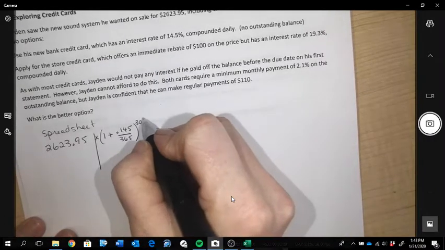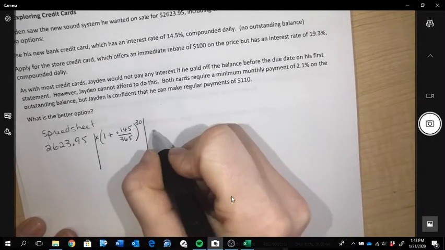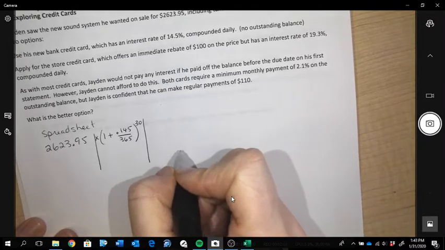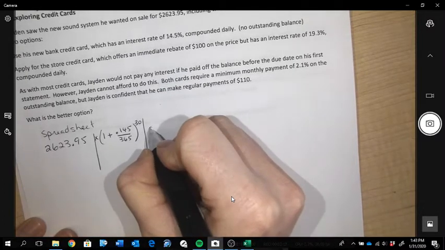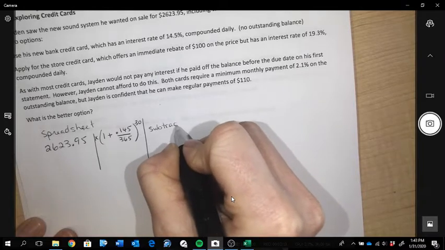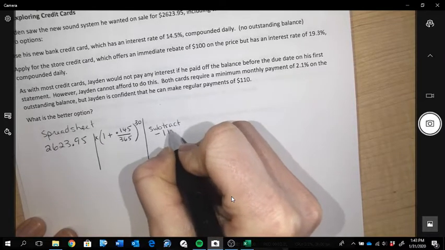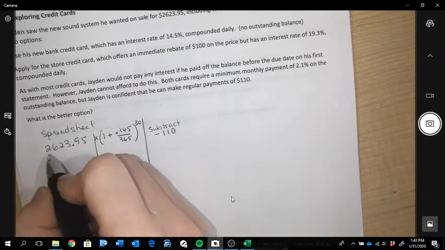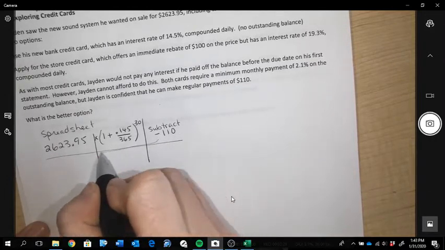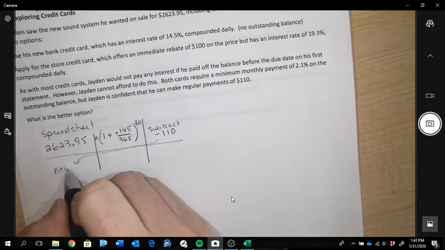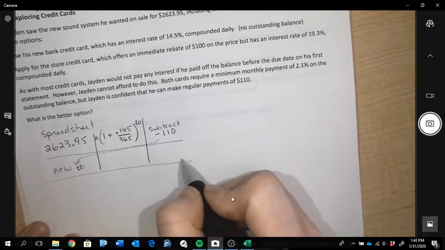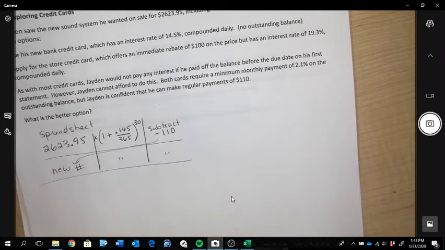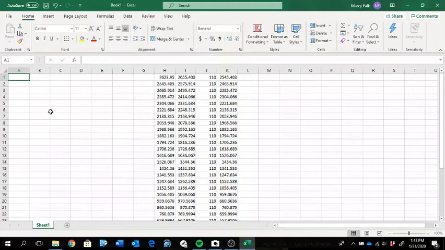Whatever that amount is, you then subtract $110 and get the new number. And then you just keep repeating.